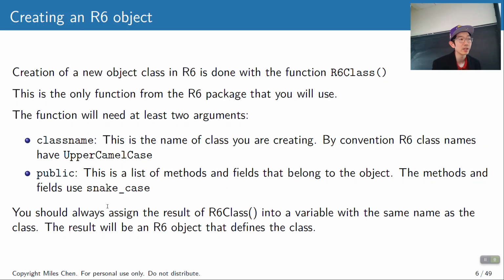The list is going to contain methods or functions as well as fields, basically places to store information that belong to the object, and those methods and fields use snake case. When you call R6Class, you should always assign the result into a variable with the same name as the class. That will define an R6 object that defines the class.